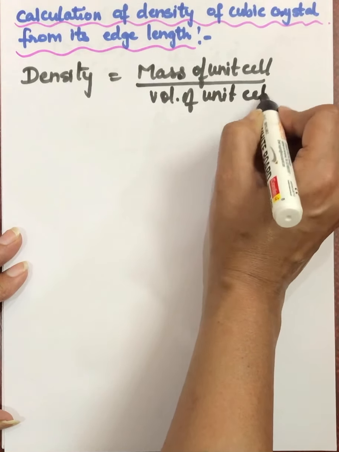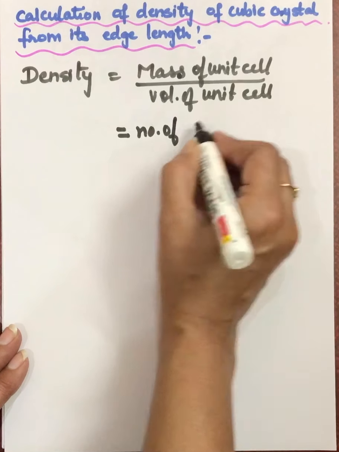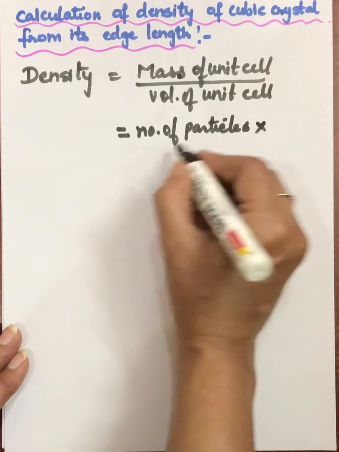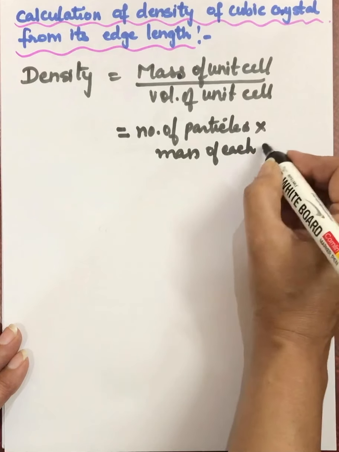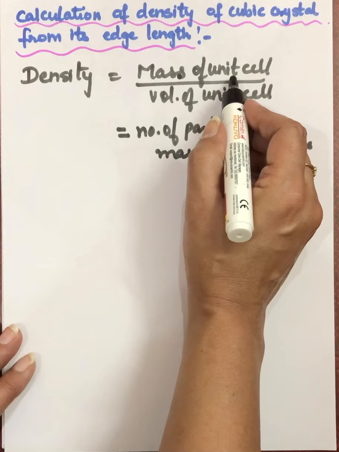That means the formula that we are deriving here, that is for the density of one unit cell. And mass of unit cell is equal to how many particles are there, and multiply with the mass of each particle will give us the mass of unit cell.